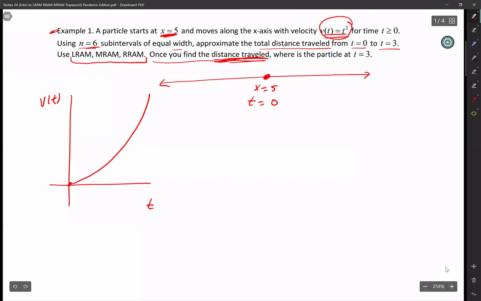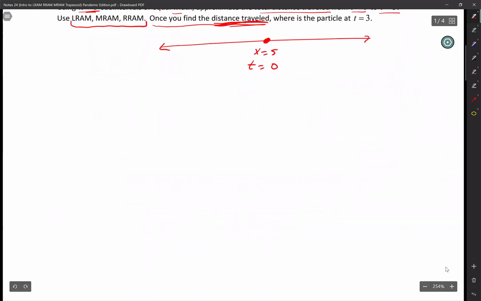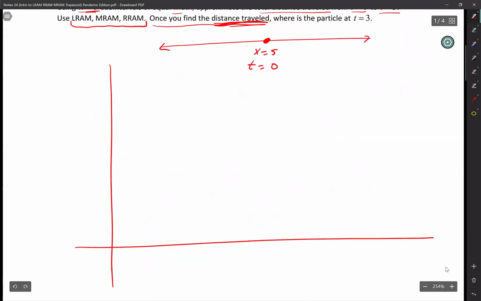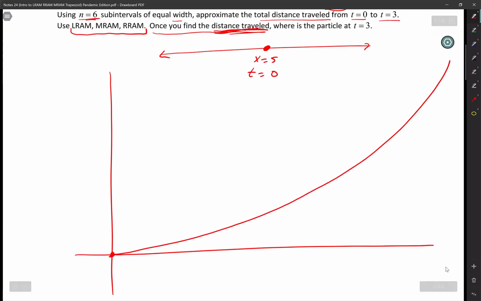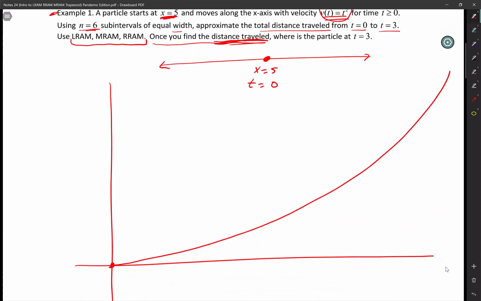I'm going to erase it because I'm going to really exaggerate it, so we're going to use up the whole space. I'm sorry, guys. I should have told you that. You can always do it on the side, on a separate sheet of paper. We're going to use up the whole space. From 0 to 3. So here's 3 seconds.